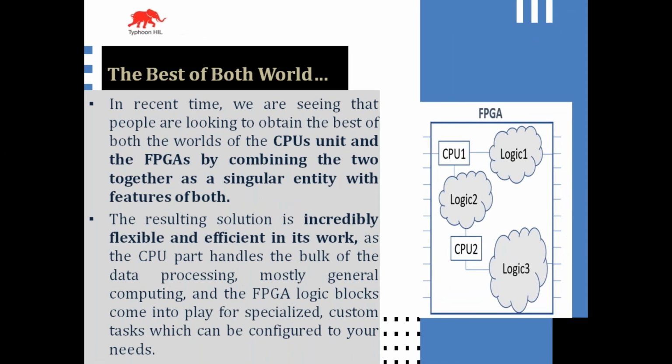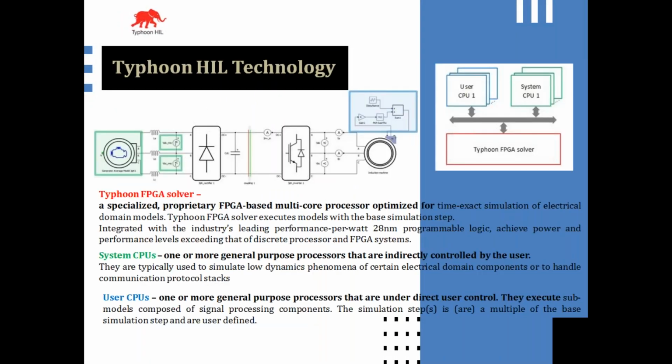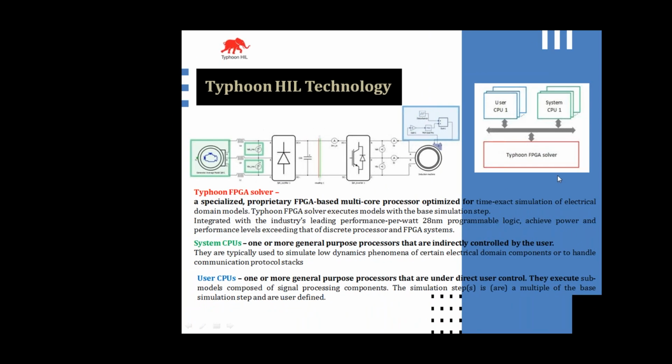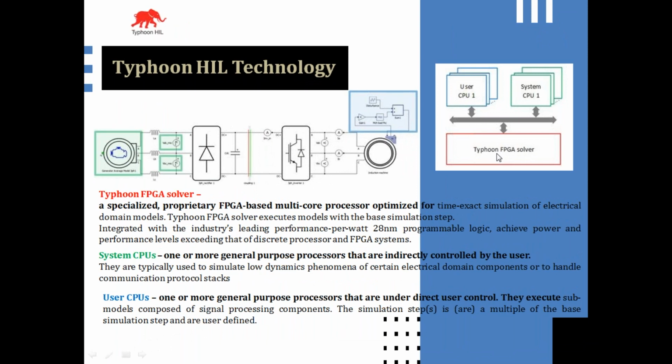Now, what are these two parts doing in our Typhoon HIL technology? Coming back to this figure, we can see that the FPGAs are our main processor. Here the FPGAs are multi-core based processors designed for time exact simulation of electrical domain models, and these solvers execute models with the base simulation step.